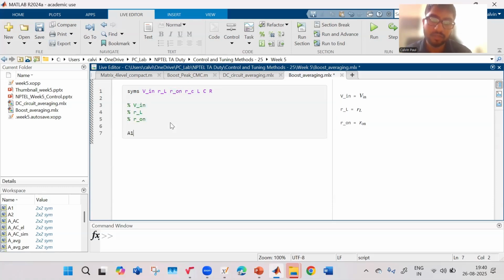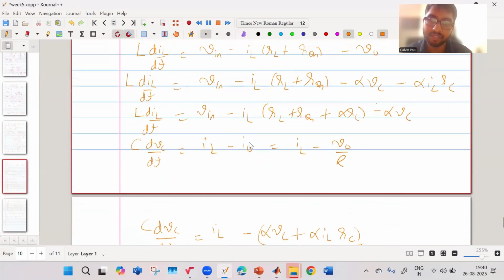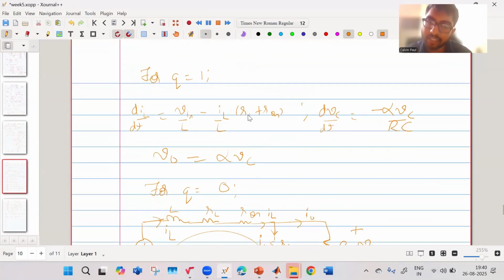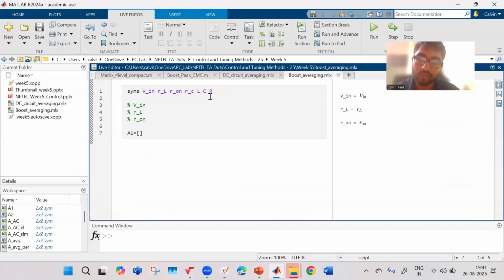Now, we will write our A1 matrix. In the case of what we have derived, A1 is the matrix when Q equals 1. So A1 matrix is RL plus R1 upon L and 0, and then 0 and minus alpha upon R. We have to have one more thing, what is known as alpha.